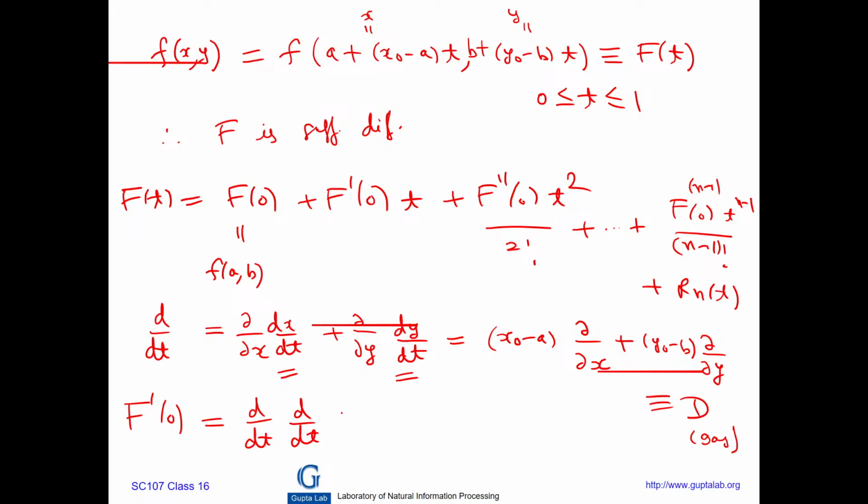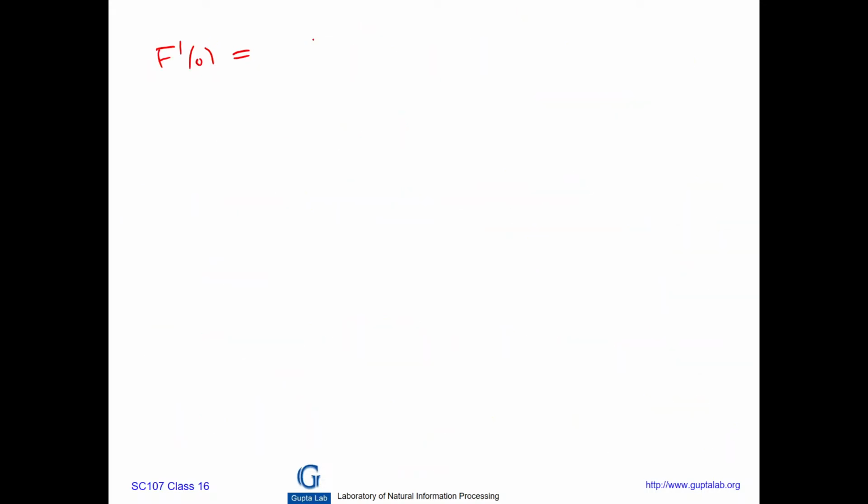So let us compute this. What is this value? f dash of 0 is nothing but d of f of x comma y evaluated at a comma b. This is nothing but x naught minus a, I am just writing the operator value, del over del x plus y naught minus b del over del y.